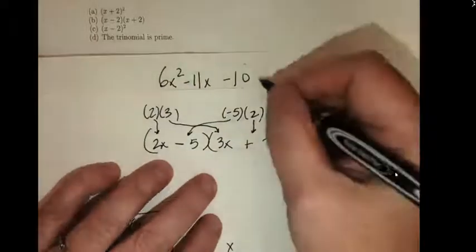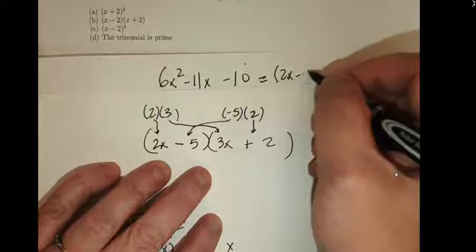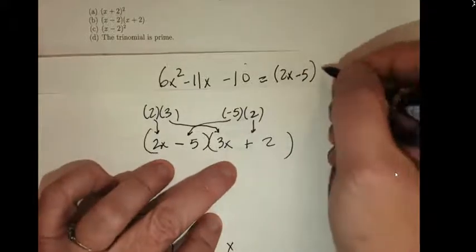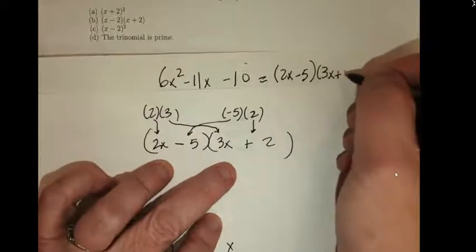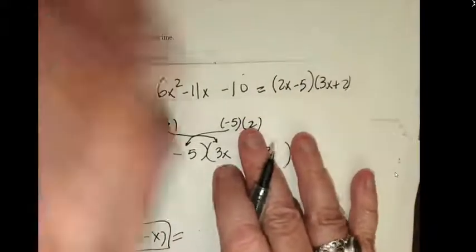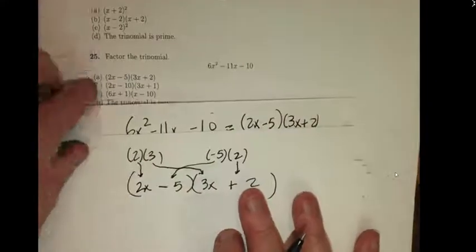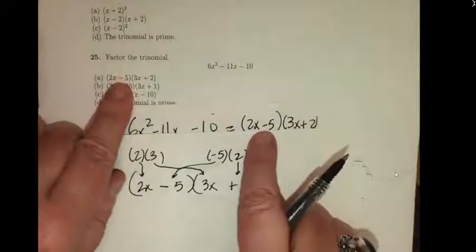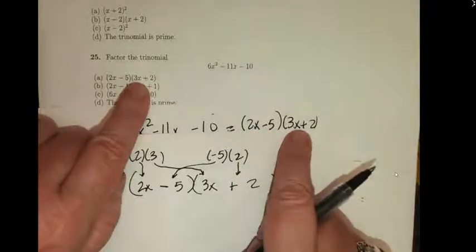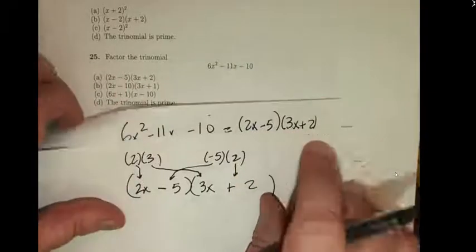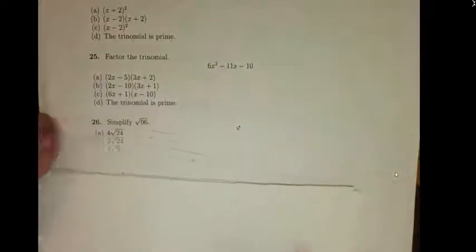So this is going to equal 2x minus 5 times 3x plus 2. And so that's the one. And now the order doesn't matter. They could have put them in a different order, but let's just have a look. Here we go. 2x minus 5 times 3x plus 2. So the answer is A for that one.